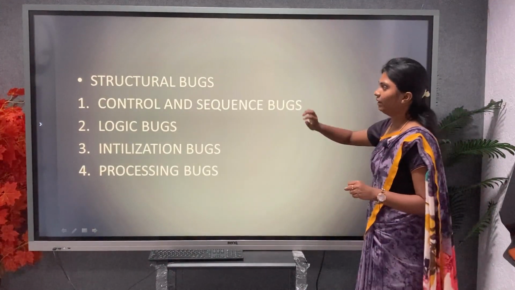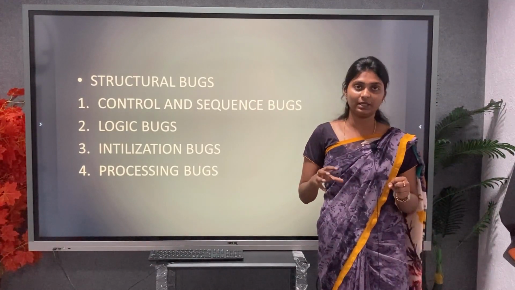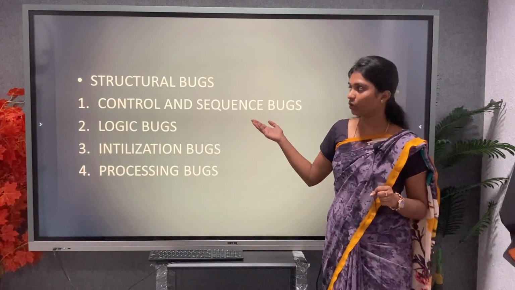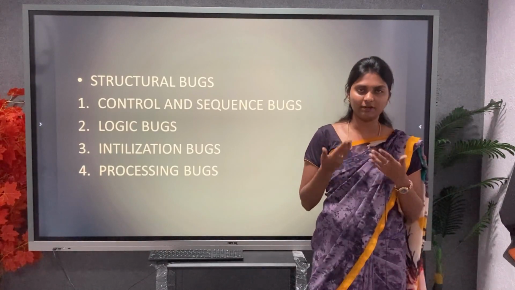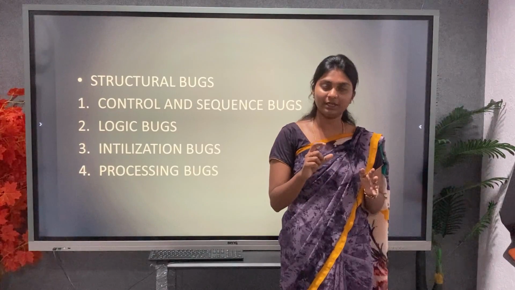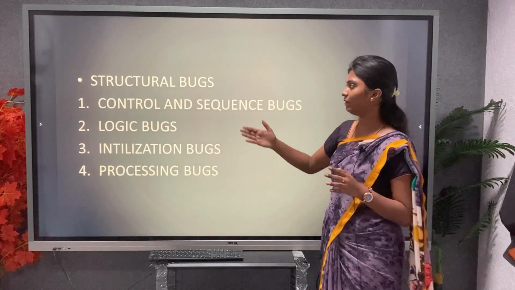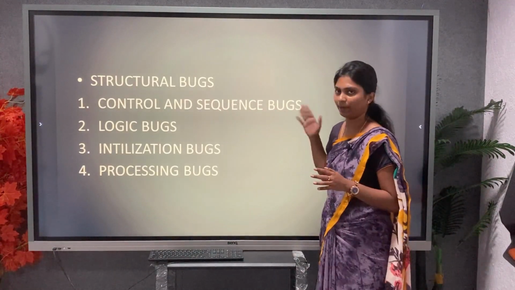Fine. Next one, we will talk about structural bugs. Structural bugs are internal, but we can also find non-functional bugs. When we develop the project, we develop particular code. In coding we will define a number of bugs, and we define them as four types, the first being control and sequential bugs.